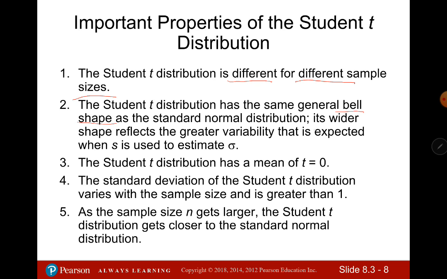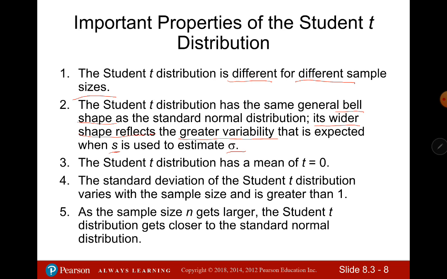But its wider shape reflects the greater variability. Remember, in our formula we use S to estimate sigma, which means we do not know the sigma value. We're going to use S to estimate sigma.